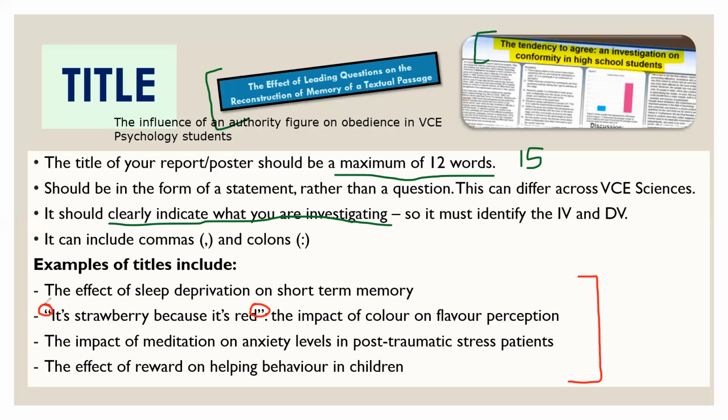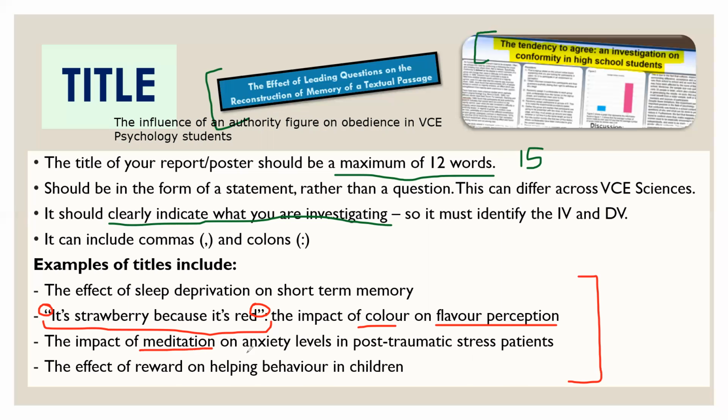So let's say I did a study of the impact of color on the perception of flavor, and one of the little girls in my study who was given a red lollipop made a comment like, oh, I think it's strawberry because it's red. That would be something that I might quote in my title, but that's not very relevant to us, so don't stress too much about that. The impact of meditation on anxiety levels in post-traumatic stress patients, that's another example.